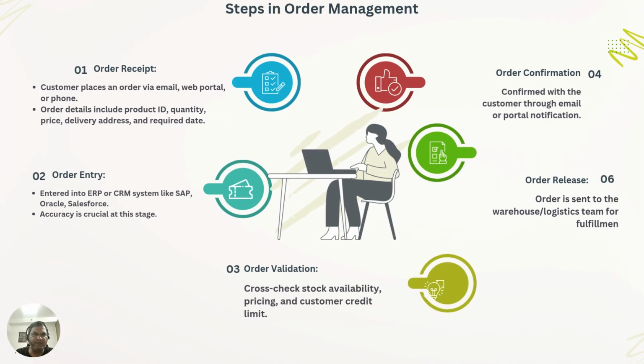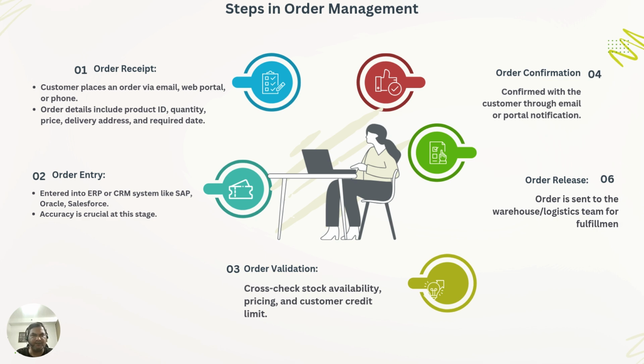Now let's see what the steps in the order management process are. The first and critically important step is order receipt, which means the customer places an order. The order is received either via email, on the web portal, through phone, or any other channel. The order details include the product ID, which is a unique reference number, the quantity, the prices, the delivery address, and the required date.